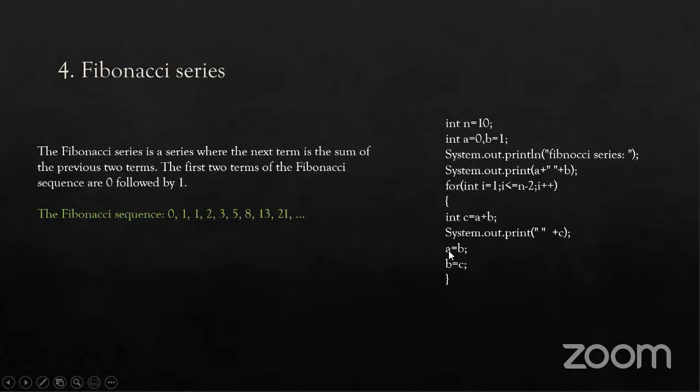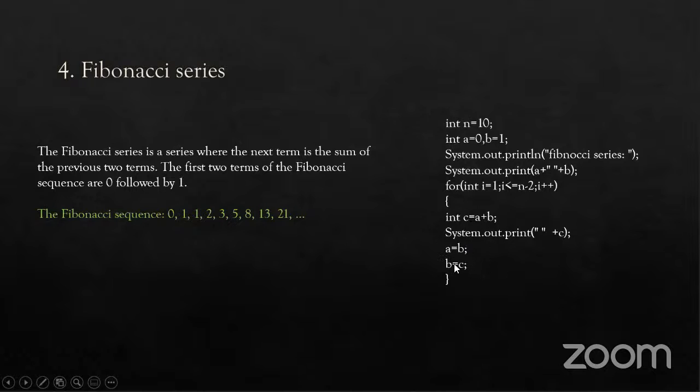So now we should have a equal to b, that is the previous term, 1. This 1 should be in place of 0, and c should be in place of 1, right? Because we are always adding a plus b and storing the result to c. So we need to swap the numbers, always inside the loop itself.